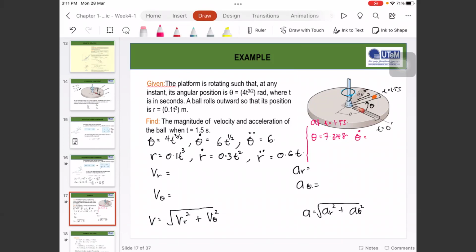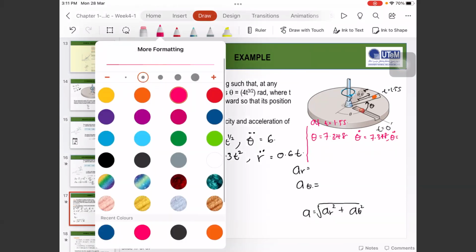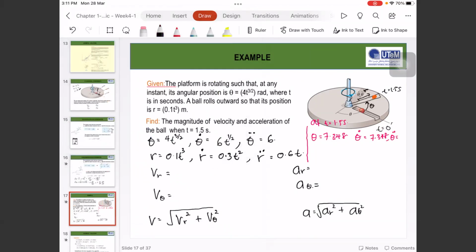So theta dot darab 6, sama juga 7.348. And then theta double dot, ni salah dah ni, negatif 1/2 kan, this is minus 1.